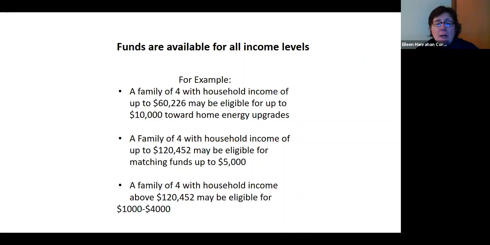And for higher income households making over 120% of median income, there's grant funding available for $1,000 to $400,000 towards home energy upgrades. And again, we can address insulation levels, heating systems, air sealing, and safety of appliances and hot water heaters and so forth.